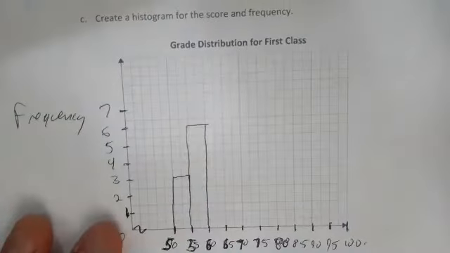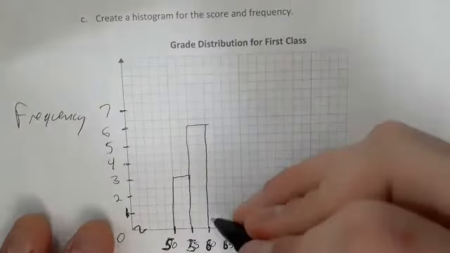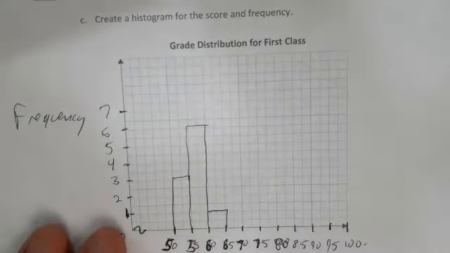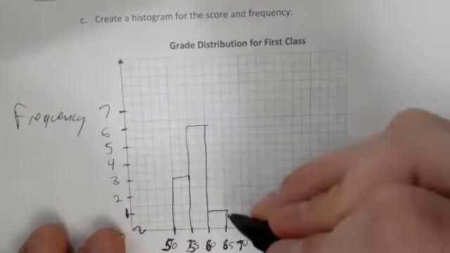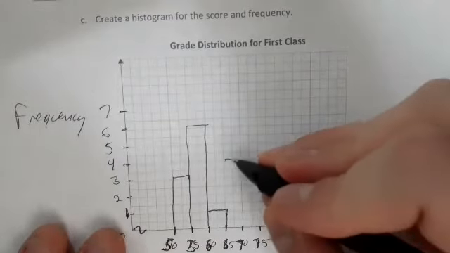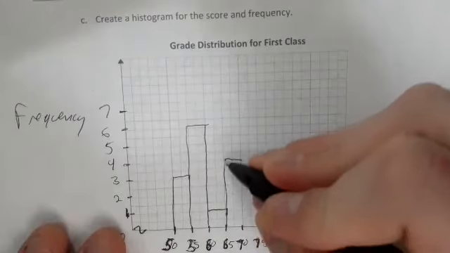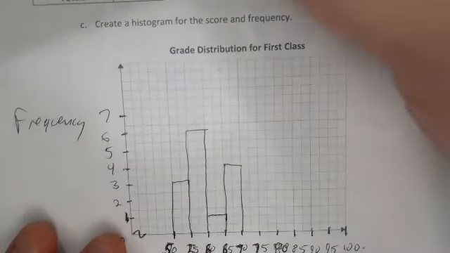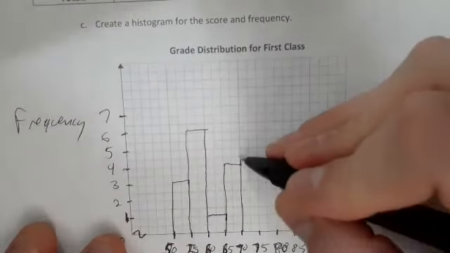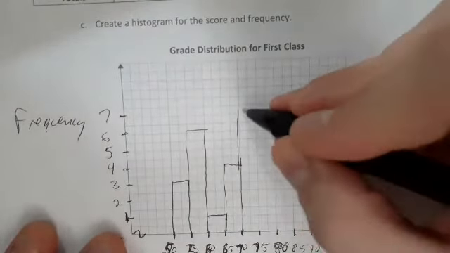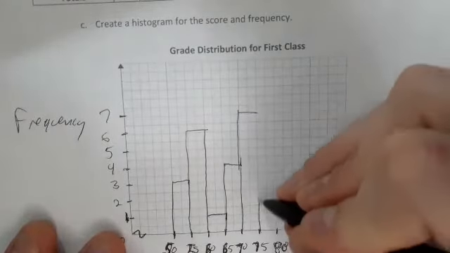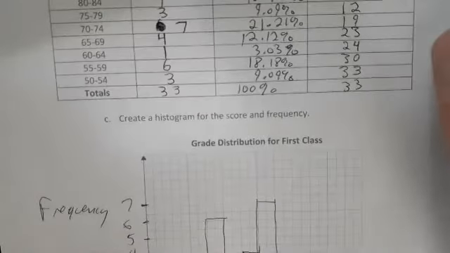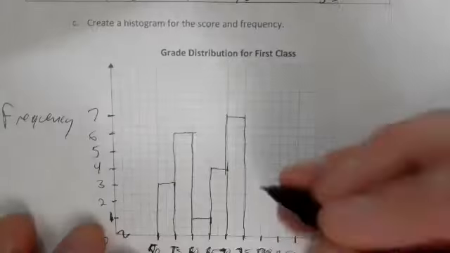Between 60 and 65, it goes to 1. 65 to 69, I'm getting 4. 70 to 74, I'm getting that 7. 75 to 80, I'm getting 3.